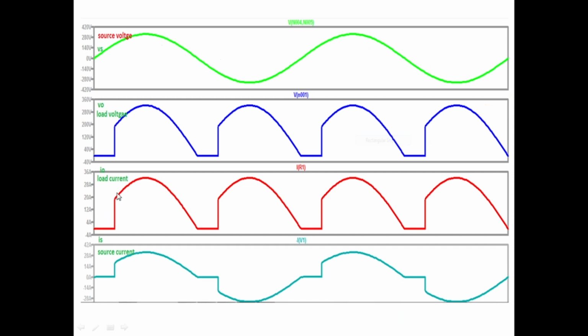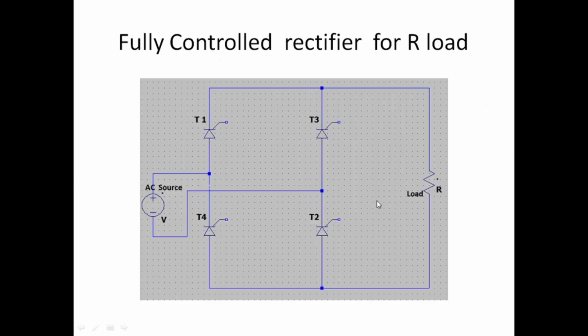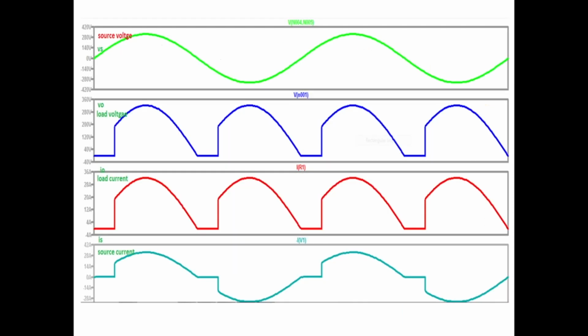This is the load current. You can see what the load current is. Here the load is a resistor. In a resistive load, the current is just voltage divided by R. Current is in phase with voltage. So you can see this waveform and this waveform are in phase.